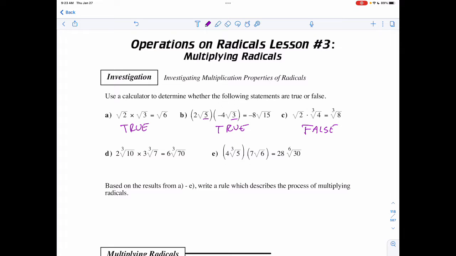If I put in 2 cube root 10 times 3 cube root 7, it is the same as 6 and the cube root of 70. And last but not least, if I have 4 and the cube root of 5 and 7 and the square root of 2, it is not equal to 28 and the 6th root of 30. That is false.